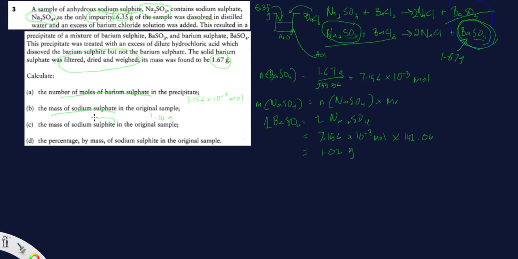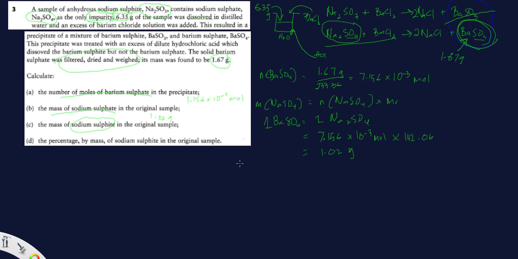Now the tricky bit: they said sodium sulfide. What is sodium sulfide? It's the compound we have dissolved, which forms the barium sulfide. So don't panic here. That's why the flow of information is important. The sodium sulfide and sodium sulfate both came from the 6.35 grams, and based on the given information, the only impurity in this anhydrous sodium sulfide was sodium sulfate, and we have just analyzed the mass of sodium sulfate.